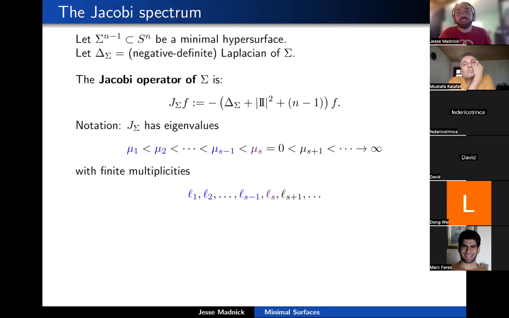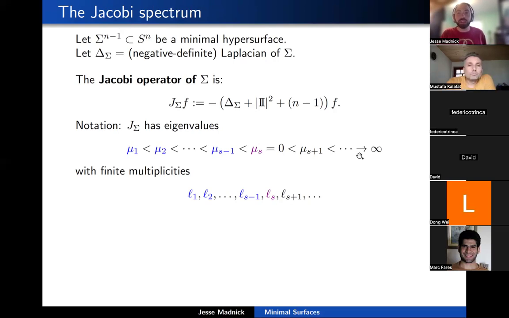Okay, so my convention for the remainder of this talk and also all of next talk is that the Laplacian for me is negative definite. My notation for the Jacobi operator is that its eigenvalues I'm going to denote by mu. There are some negative Jacobi eigenvalues, then there's the eigenvalue 0, and then there's infinitely many positive ones.